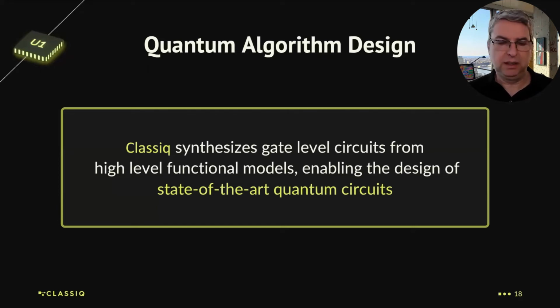It may be the number of qubits in the computer, a particular gate set, noise model, connectivity, and so on and so on. Because we do it automatically, we can explore tremendously more options than a human can. And therefore, in many cases, we can reach a much better solution in a much shorter time.